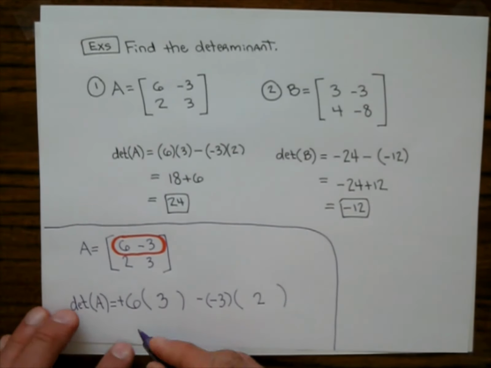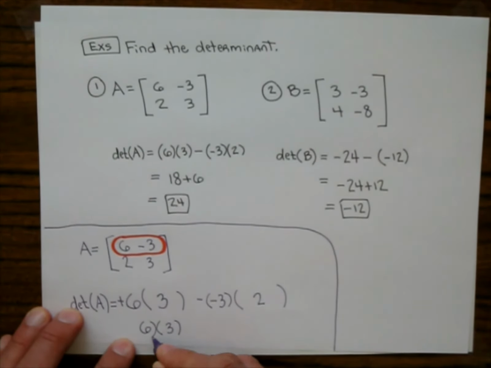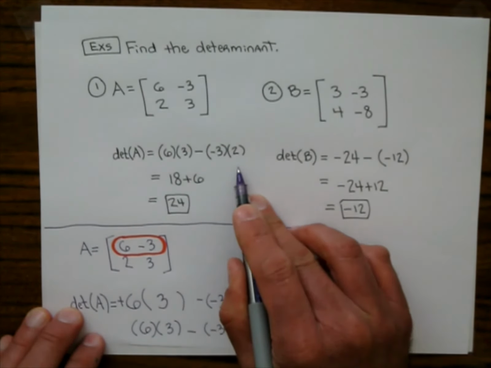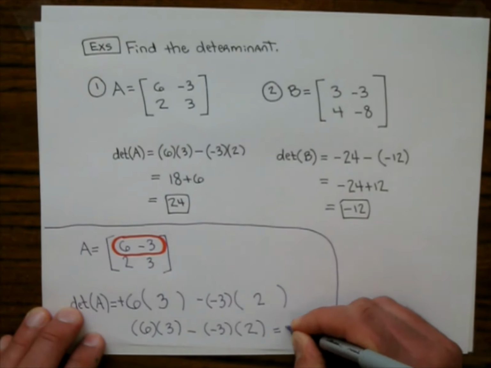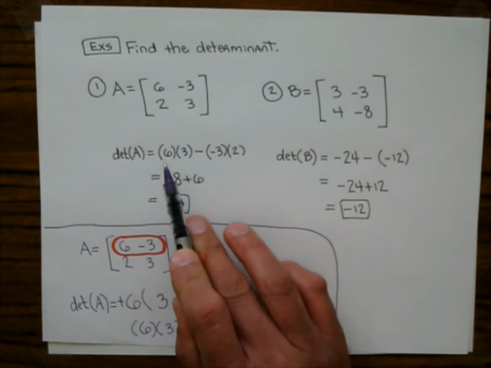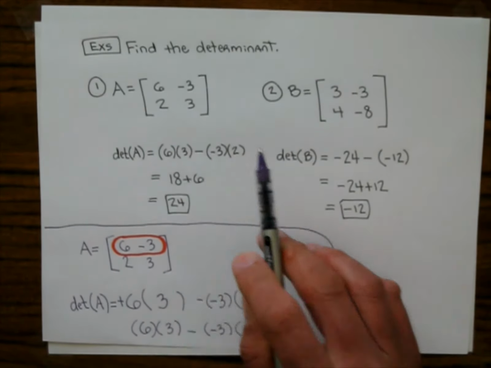And look what I get: 6 times 3, and then minus a negative 3 times 2. Isn't that exactly what I have written up there? Which gives me 24. So the bottom line is, the thing to get out of this is to go AD minus BC when you have a 2x2 matrix.